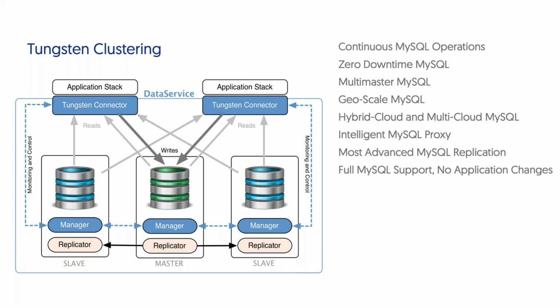So you can have a deployment in Amazon, replicating to Google Cloud or on-site. We also include an intelligent MySQL proxy that we call the Tungsten connector, which you can see on this slide. It's actually deployed at the application stack, and it handles all of your read writes intelligently for you. So you do not have to change your application.